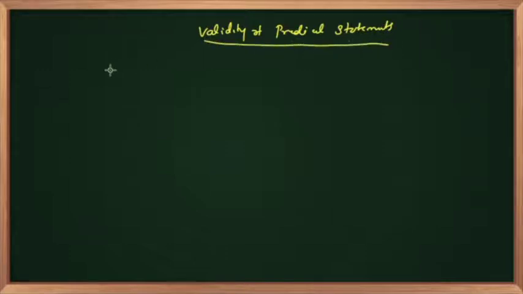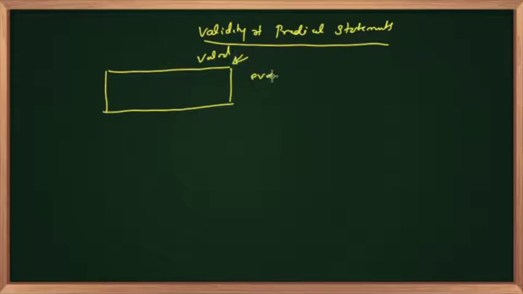Now let's see problems related to validity of predicate statement. So, given a predicate statement, we say it is valid if that predicate always evaluates true regardless of the domain.